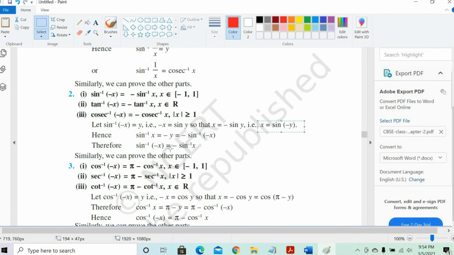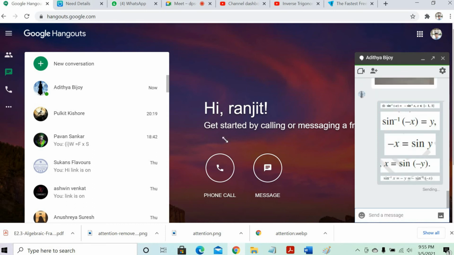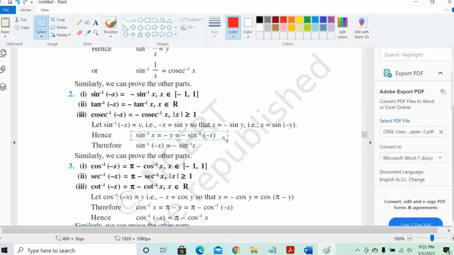Now you just have to work out what minus y is. Sine y, you take it to the other side, so it becomes sine inverse x equal to minus y, and y was nothing but sine inverse of minus x.